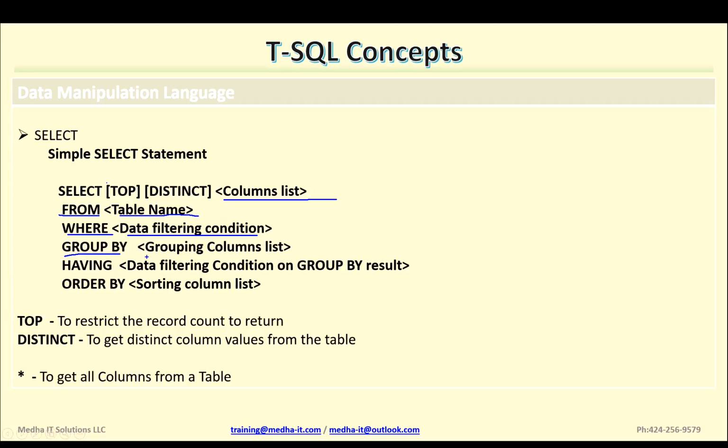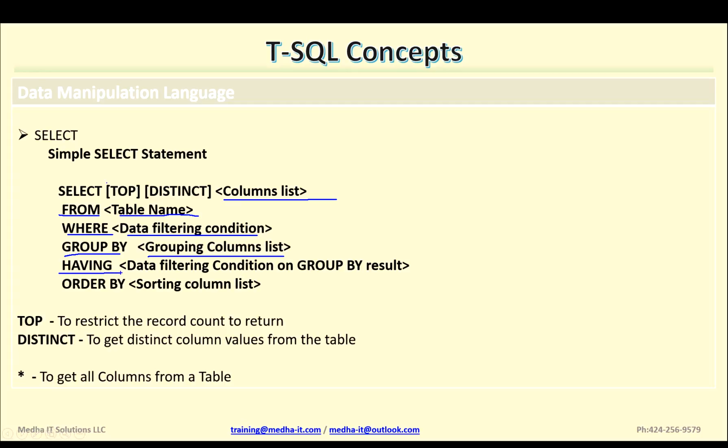Group by, so grouping columns. Okay, grouping columns is nothing but, let's say you have the sales data, you want to see per product how many orders you got. So per product is your group by, you are grouping the sales amount by the product, that is the group by column.